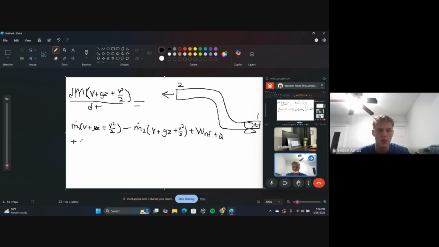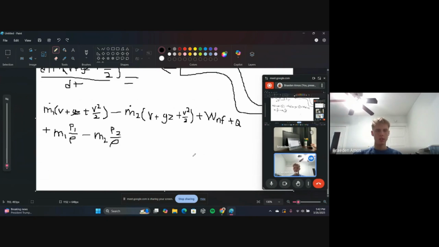So that'll also be related to the mass of the in and out. So it'll be M1 times P1 over rho. And then we also need to subtract for the out. So that'll be P2 over rho.